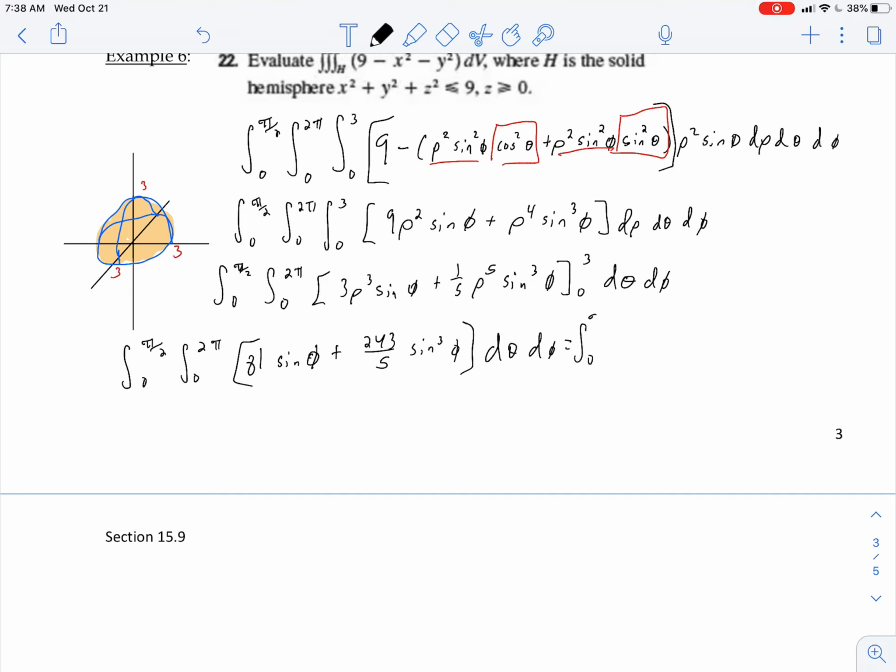What's good about this is that I have no theta terms, and so I can break this up.